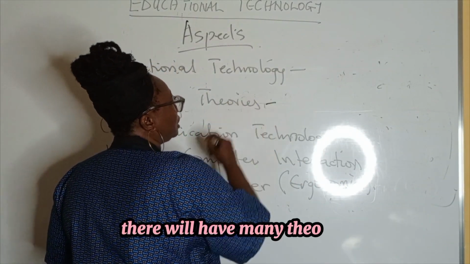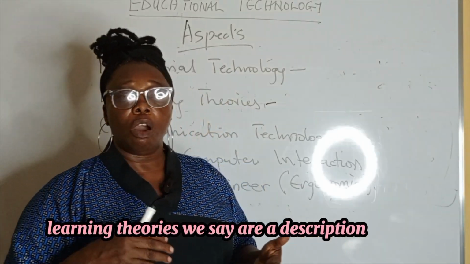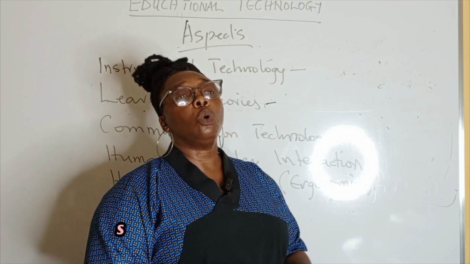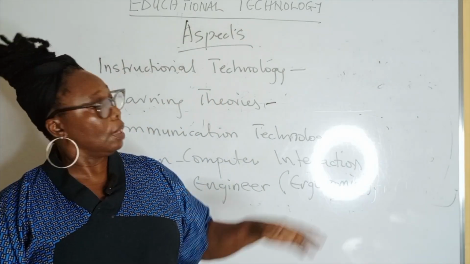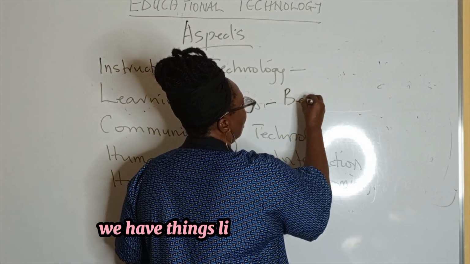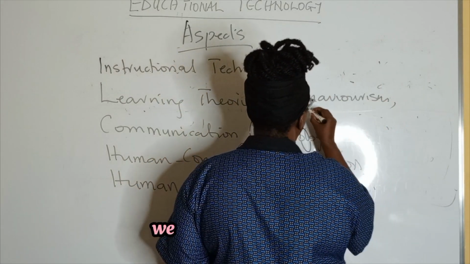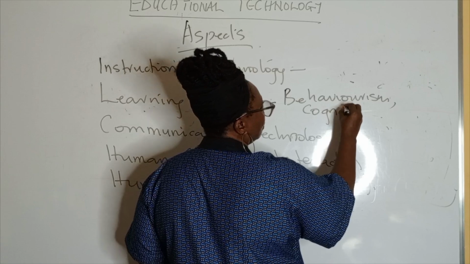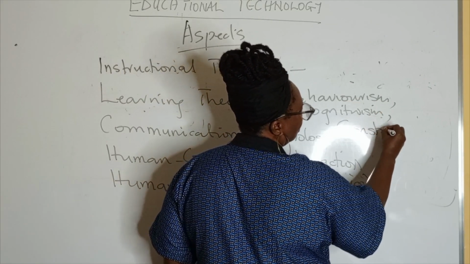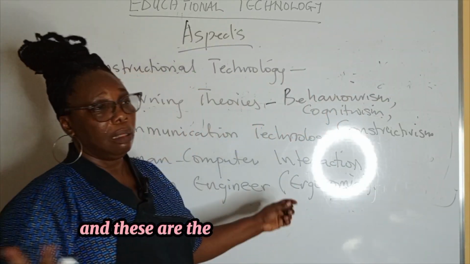Then we have learning theories. Learning theories, we say, are an attempt to describe how people learn. So how do human beings learn? That's what learning theory deals with. And in dealing with learning theories, you have things like behaviorism, cognitivism, constructivism, and these are the main ones.